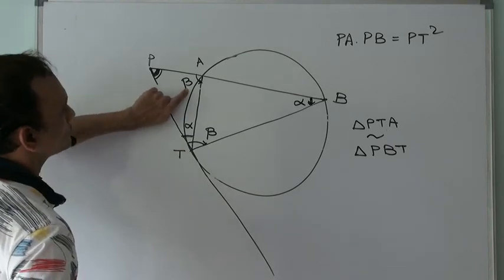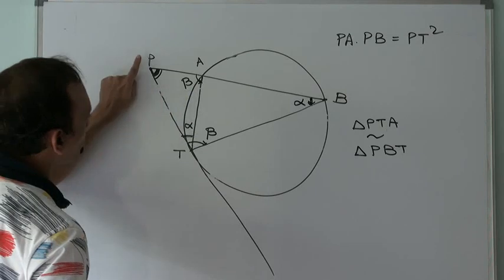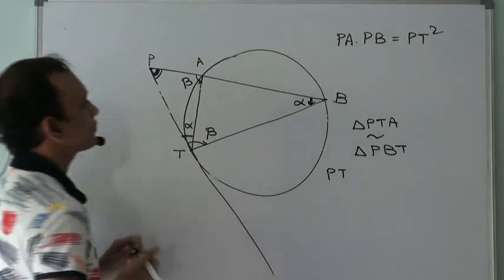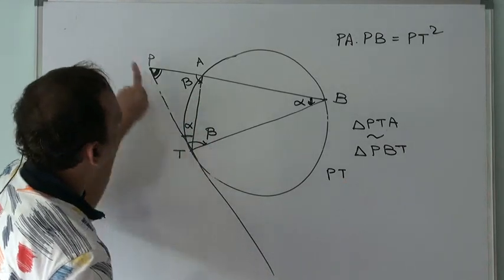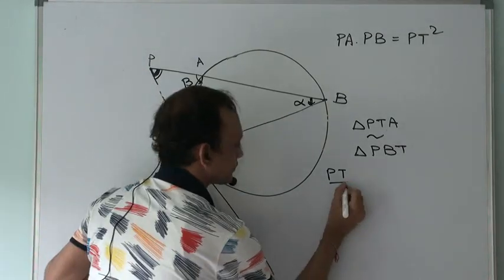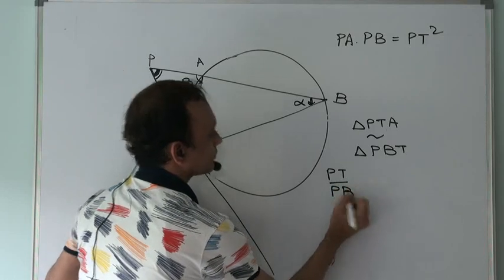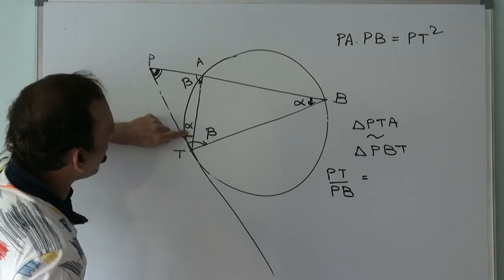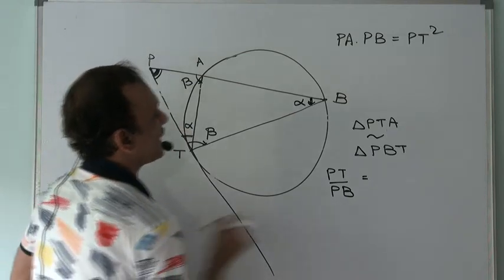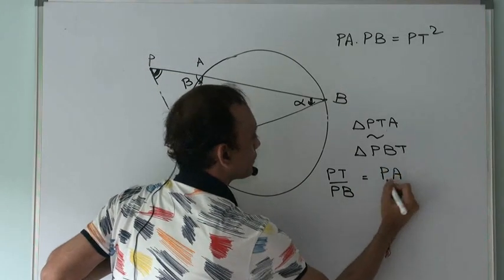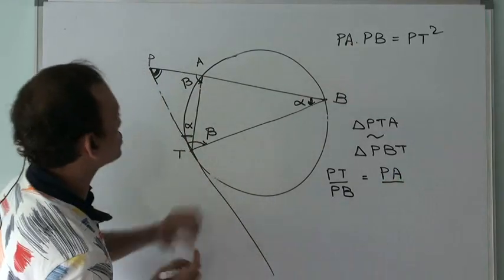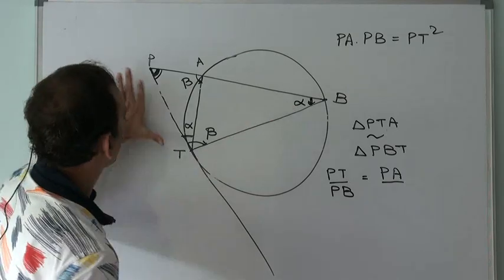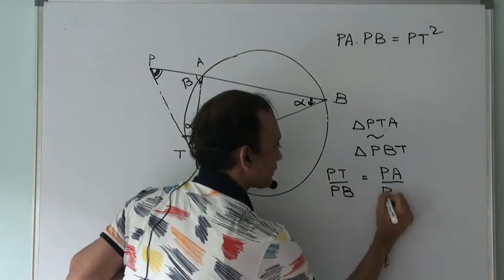Opposite to this beta of the smaller triangle is PT, opposite to this beta of the bigger triangle is PB, equal to, opposite to this angle alpha of the smaller triangle is PA, opposite to this angle alpha of the bigger triangle is PT, right?